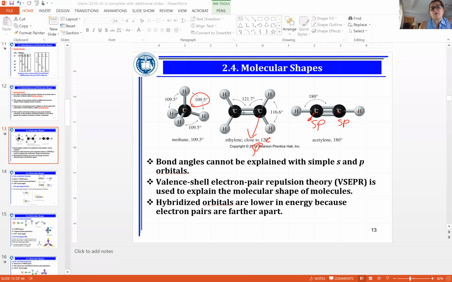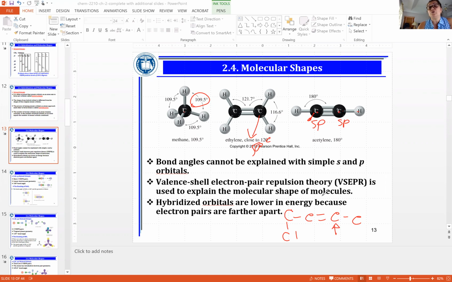What you need to know: if you have a compound, let's say this compound here, C double bond C, and then you have a chlorine here, what is the hybridization for this carbon? Being able to find out what the hybridization is. The hybridization is going to be sp2, because if the carbon carries only one pi bond, it is going to be sp2.